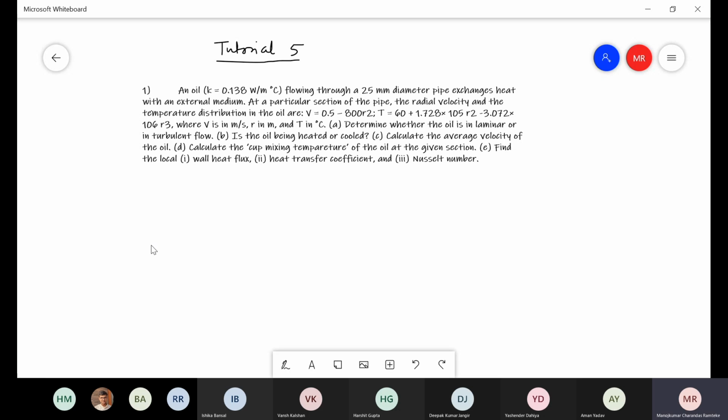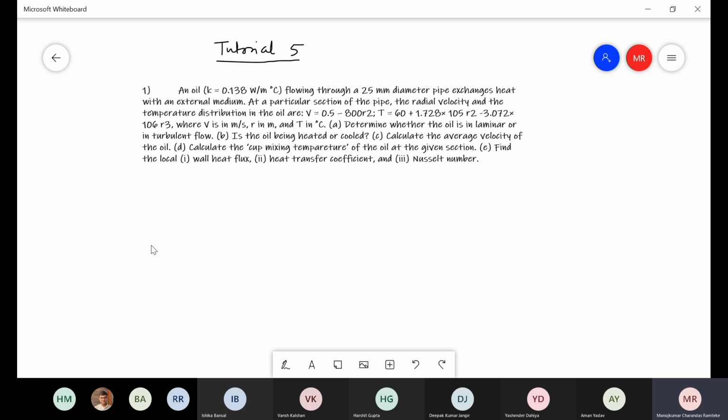Okay, let's look at the first problem. An oil flowing through a 25 mm diameter pipe exchanges heat with an external medium. At a particular section of the pipe, the radial velocity and the temperature distribution in the oil are given.